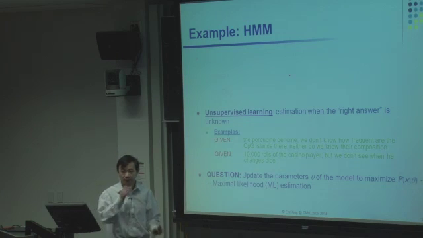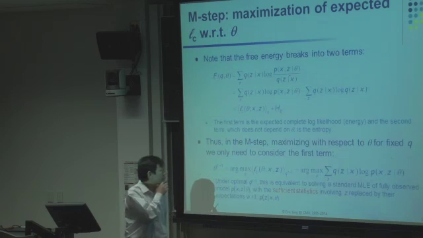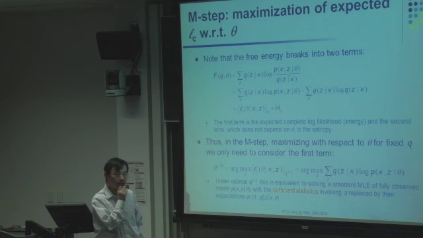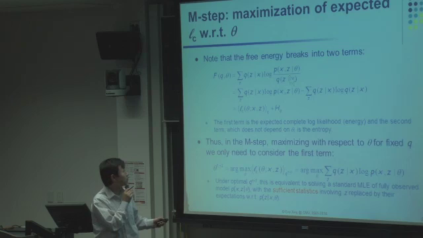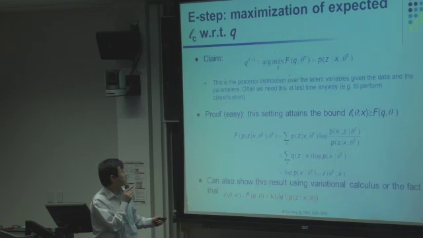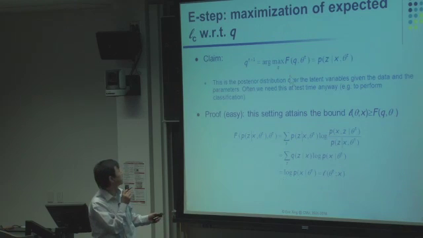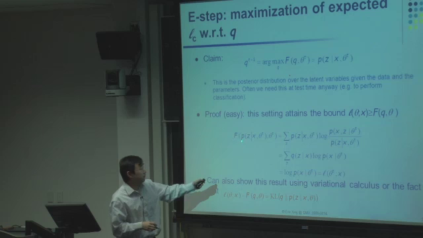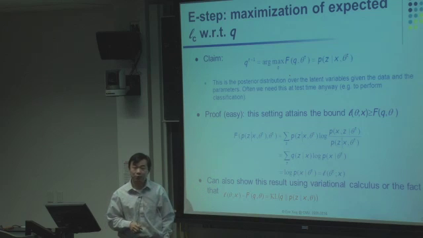Any questions? Yeah. Can you explain a bit why the Q(t+1) is the optimal posterior Q of Z? The optimum Q of Z. It's because, okay, let me see. It's in here. All right. We said that F is a lower bound of the likelihood.